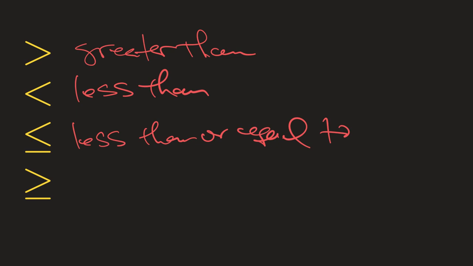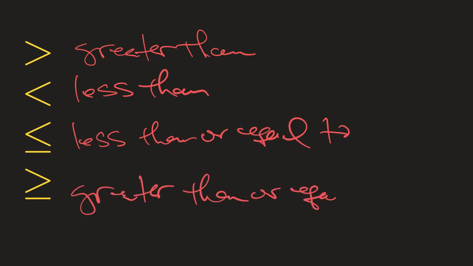And of course, the next one is what? Greater than or equal to. Okay? So that's the first thing we've got to be able to do: interpret these correctly. And that is how they are interpreted from left to right.